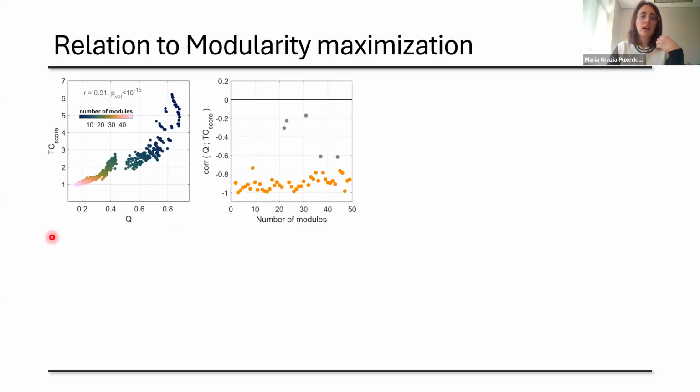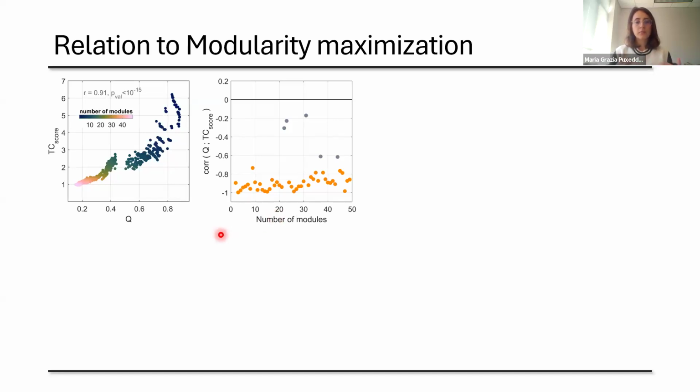So let's say I focus on all the partitions that have 10 modules or 7 modules. At that point, the correlation between modularity and t-score is negative and very close to -1. It's very strong, they're very strongly anti-correlated.